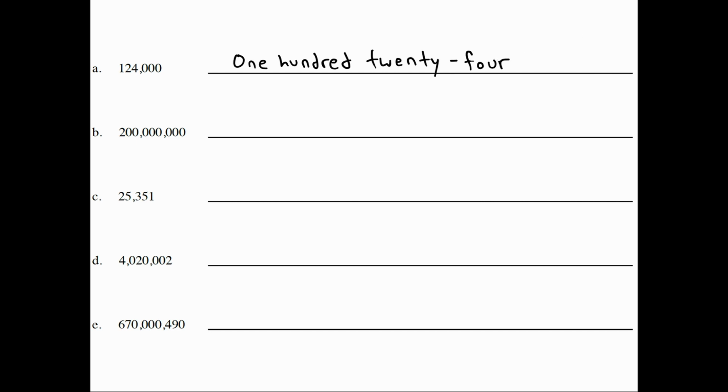But I can't stop there, because that wouldn't be enough. We need to convey the scale of this number. It's much larger than 124. So we'll put thousand at the end, and now the size of the number is clear.